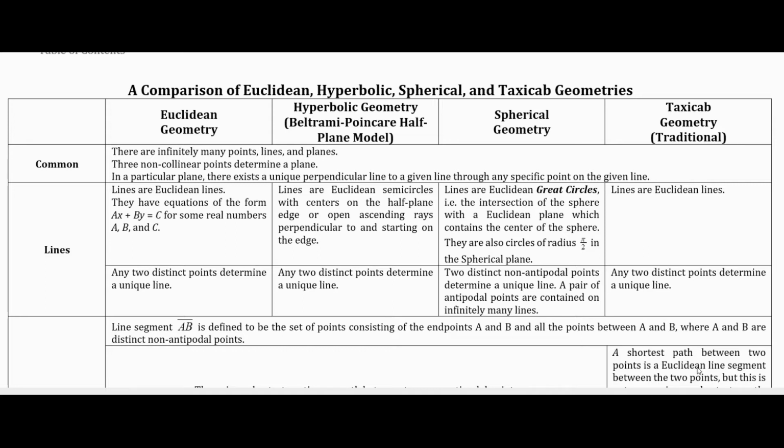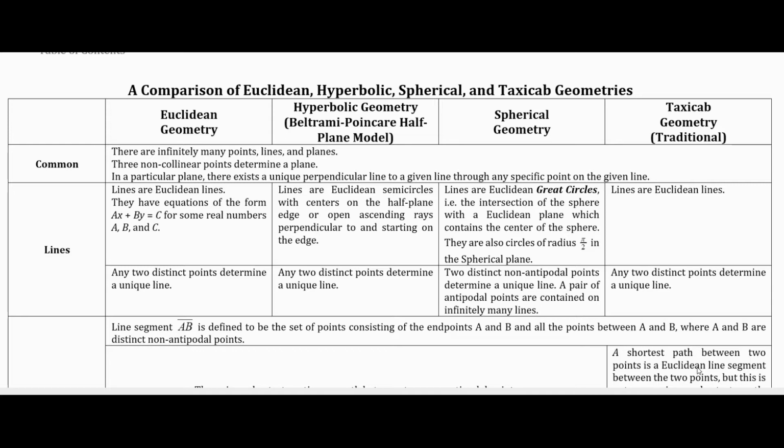Of course, the Euclidean geometry is the familiar geometry that most of us know about, and it's been around for many centuries. For hyperbolic geometry, we're going to be using the Beltrami-Poincaré half-plane model that we have introduced in earlier videos.